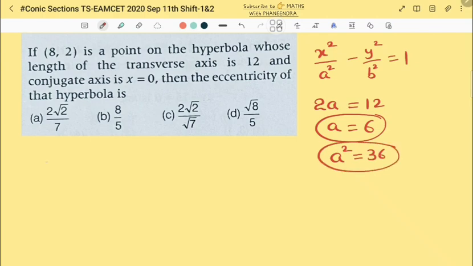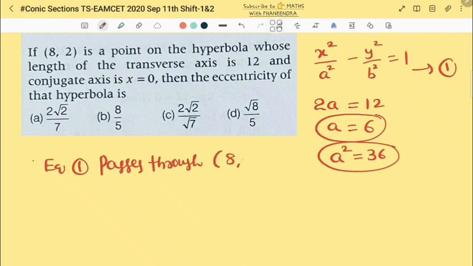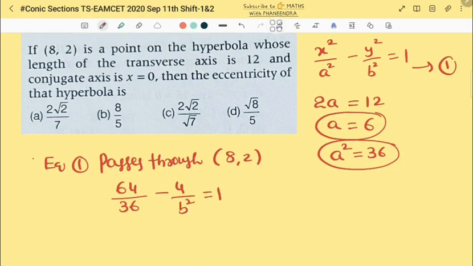This equation is passing through (8, 2). So equation 1 passes through (8, 2). So 64 by a square, which means 36, minus y square, which means 2 square by b square, equal to 1.